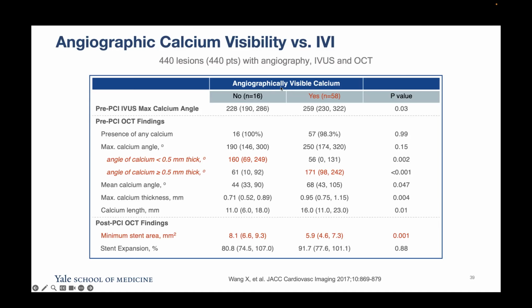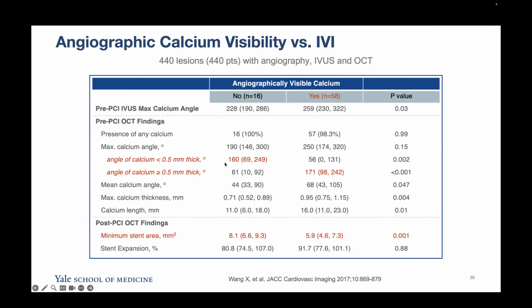So when calcium is visible by angiography, in general, we have more circumferential calcium by IVUS, but you see that the numbers here are not that much different. So there is a lot of calcium that is not visible by angiography as well. And we're talking about over 200 degrees of calcium. So the main determinant of calcium visibility by angiography is its thickness.